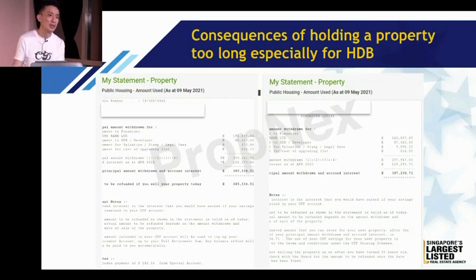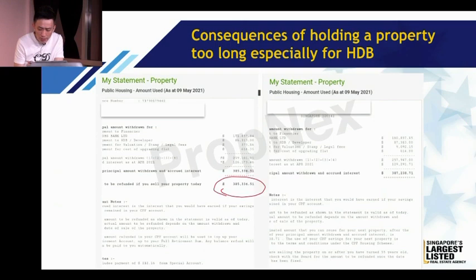You look at this example, even worse. This HDB owner actually attended my workshop 3 years ago. He and his wife bought this HDB property. I cannot tell you where. He held this property for 20 years and fully paid it up.